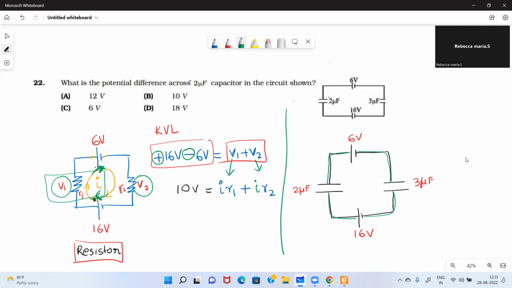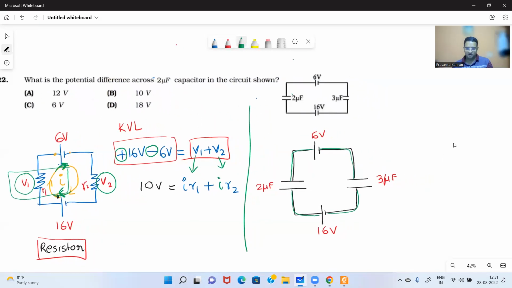Yes, sir. Exactly the same way we have to solve this question also. So let's say the voltage across this capacitor is V1, and the voltage across this capacitor is V2. Now, how are these two capacitors connected?